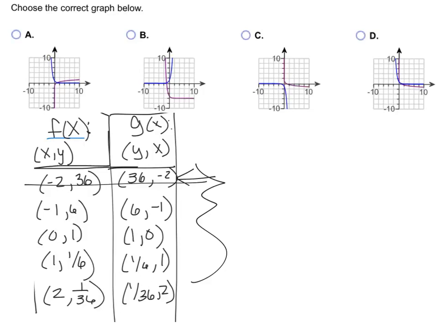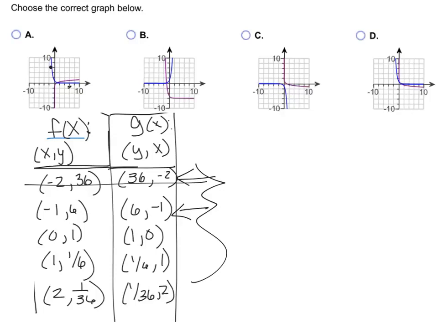Now we'll look at the -1, 6. And this graph counts by 2, so -1, 6 is about right here. So graph A has that. Now if I look at the inverse of that, 6, -1, that would be around here.